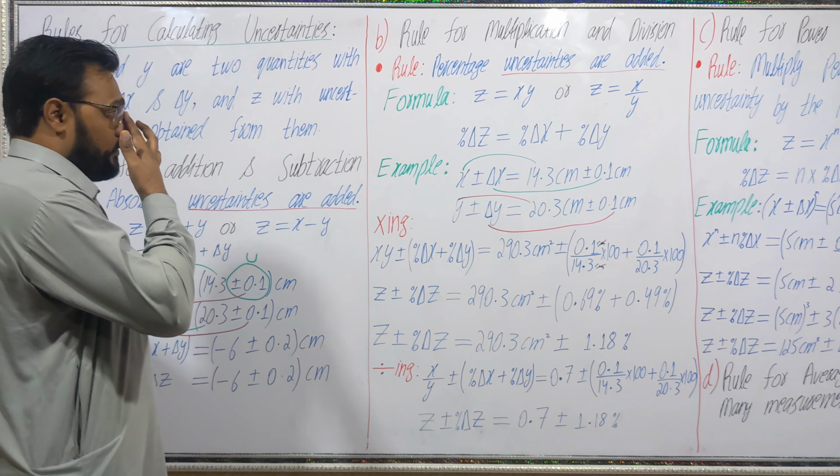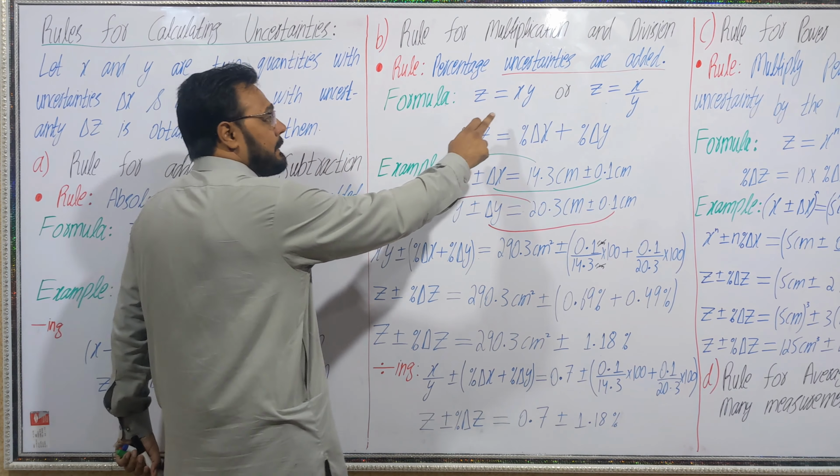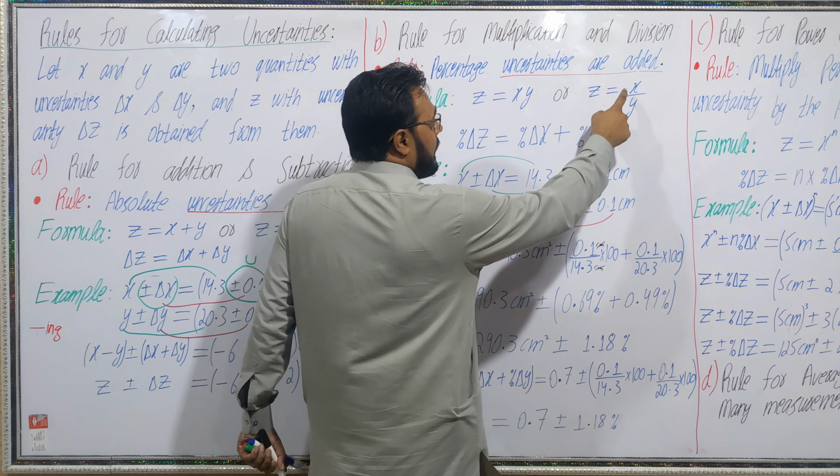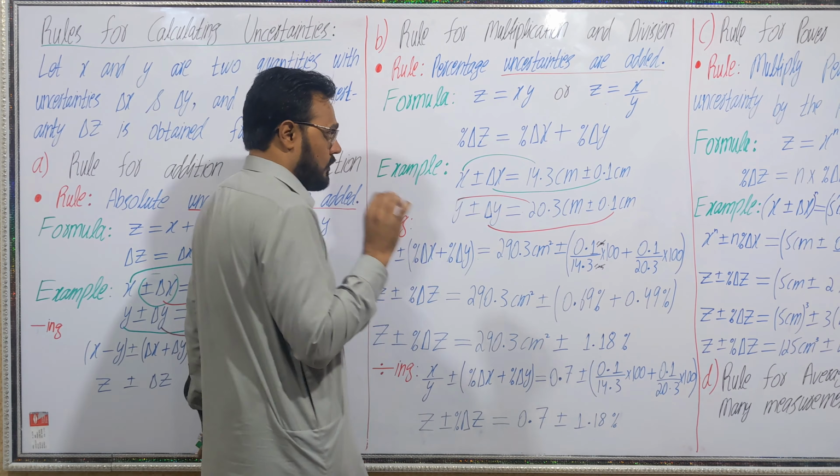So the formula is, whether you multiply or divide, x multiplied by y or x divided by y, percentage uncertainties will only be added. This is the formula. Hope you got it.